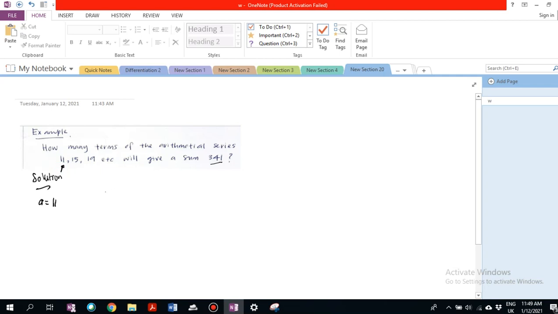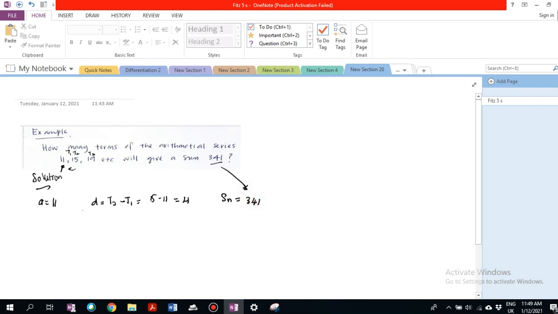Then you have your d, we take t2 minus t1, where this is t1, this is t2, and this is t3. So the difference of t1 and t2, 15 minus 11, you will get 4.